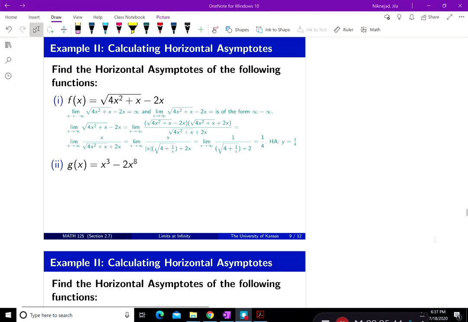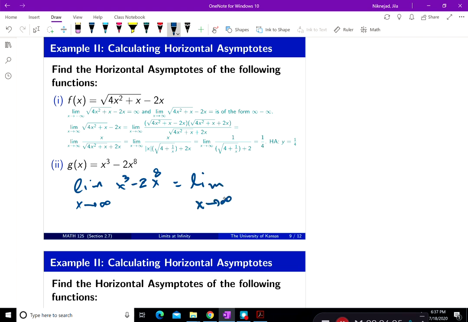Let's compute the second limit, and so here if I take the limit as x goes to positive infinity of this function, then I should factor out an x to the power 8, and end up with 1 over x to the power 5 minus 2.